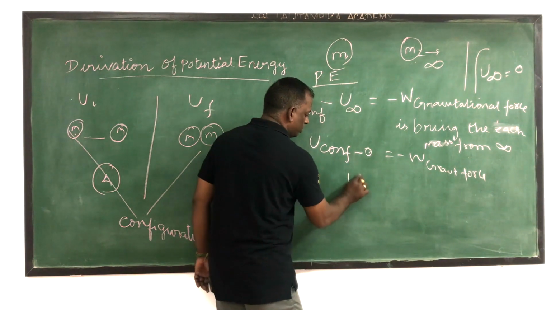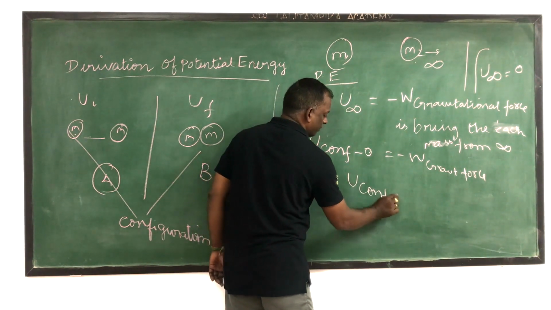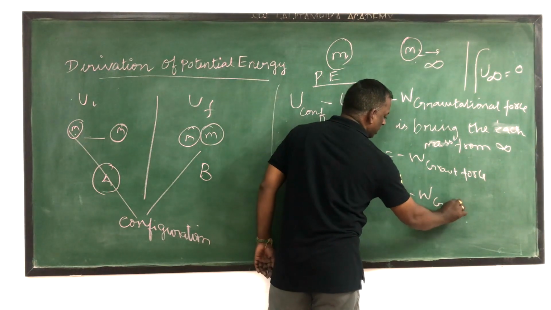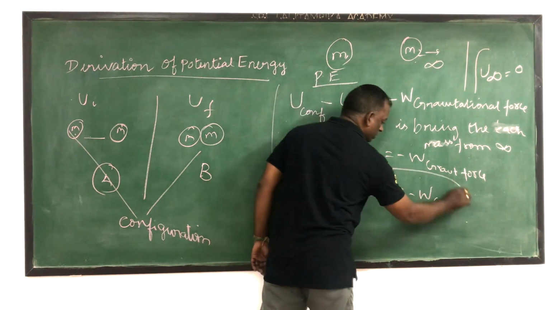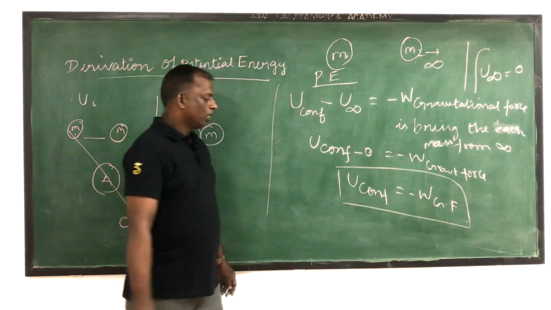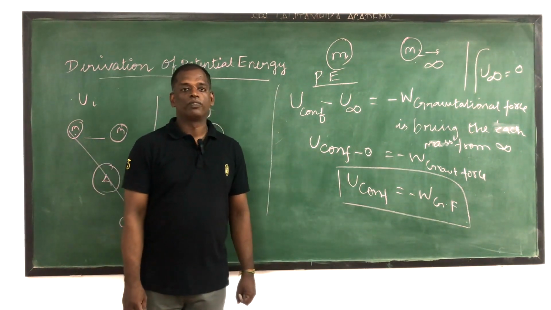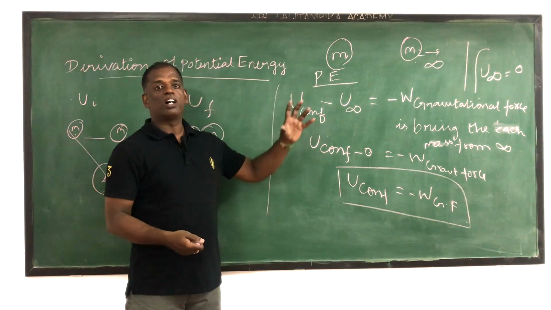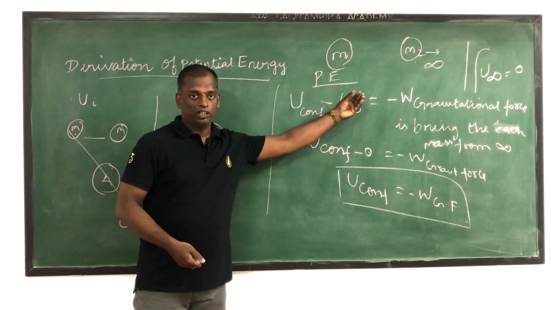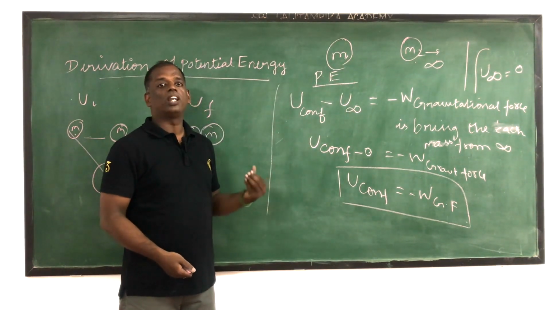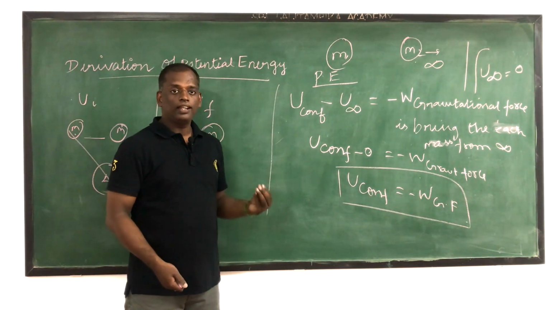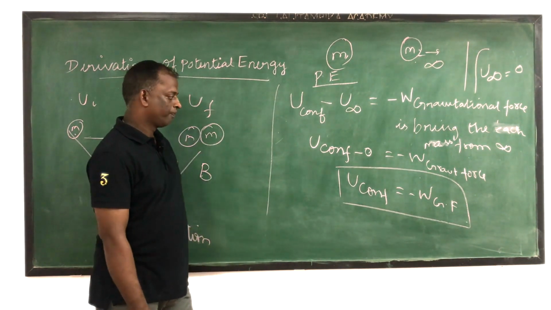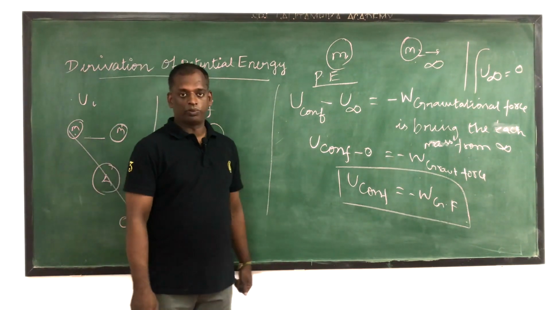Or we can write U configuration is equal to minus work done by the gravitational force. So இது வந்து நம்ம டிரைவ் பண்ணணும். அதாவது ரெண்டு மாஸ்க்கும் செப்பரேட் பண்ண தூரத்துல ஒரு மாஸ் இன்ஃபினிட்டி தூரத்துல இருந்து அதை கொண்டு வரதுக்கு எவ்வளவு எனர்ஜி தேவைப்படுதோ அந்த எனர்ஜியை நம்ம பொட்டன்ஷியல் எனர்ஜின்னு சொல்றோம். சோ இதெல்லாம் நம்ம டிரைவ் பண்ண போறோம்.